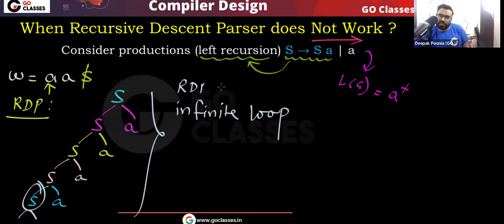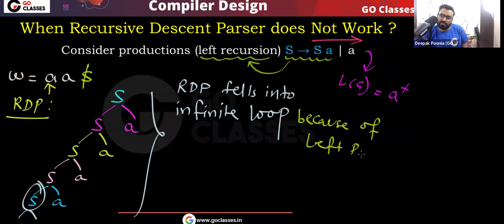RDP, the recursive descent parser, fell into an infinite loop because of left recursion. Is this clear? I hope you understood. Very simple.